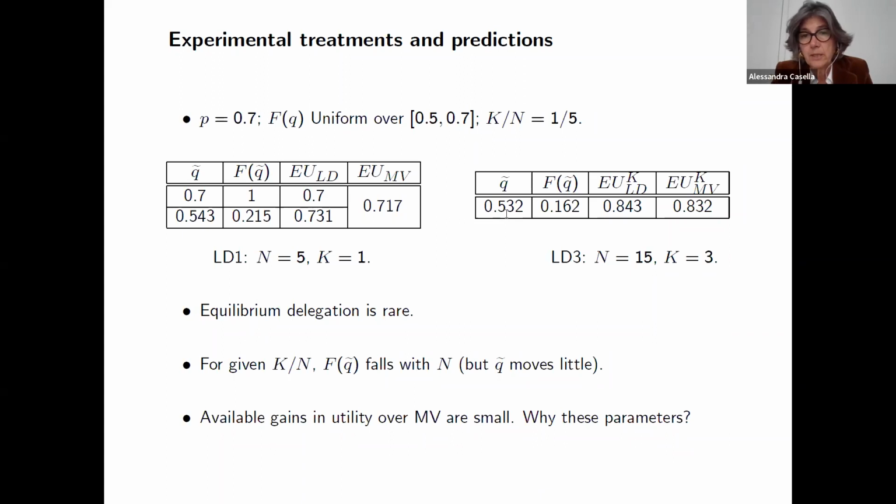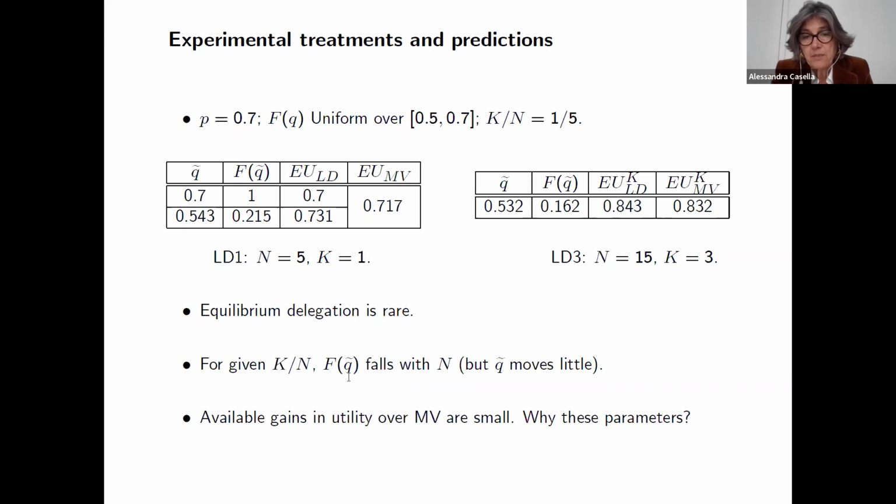This is the threshold. The ex ante individual frequency of delegation is 16%, so it's even lower. And there is a small gain relative to majority voting, but it's very little. So what is the message from these two tables? The first one is that equilibrium delegation is rare. The frequencies are low.